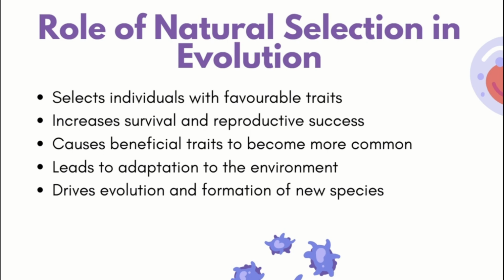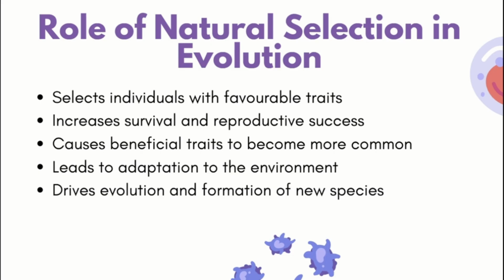So if you have 100 organisms and only 10 of them in that population have the favorable traits, then only the 10 are going to survive and the other 90 are going to die. Those 10 are going to reproduce, and their offspring are going to also have the favorable traits that they had, right?